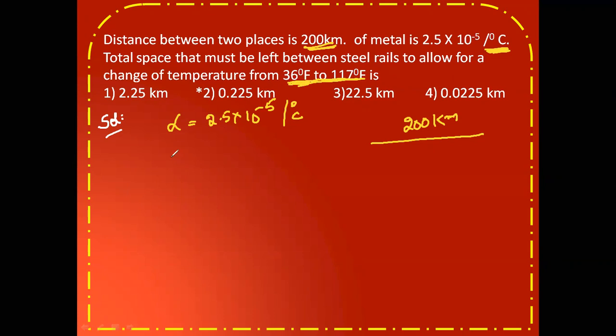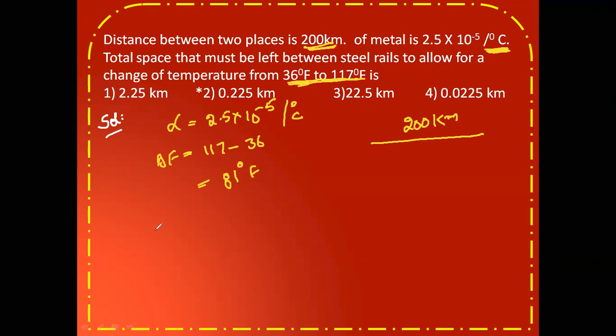So what the information they gave, delta F is equal to 117 minus 36. So this is equal to 81, I think. Am I correct? Yes, this is 81 degrees Fahrenheit. Now I want to convert the difference in temperature in terms of degrees Celsius.